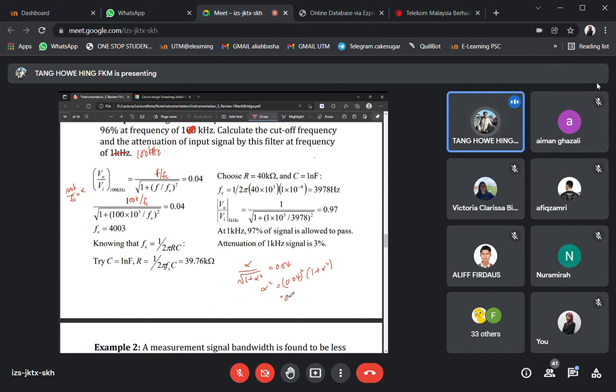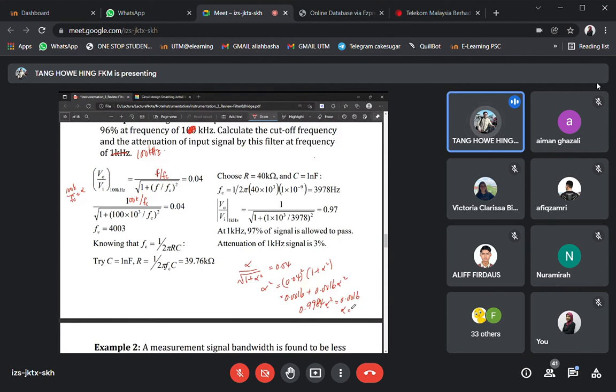So alpha square equals 0.0016 plus 0.0016 alpha square. Moving terms, 1 minus 0.0016, I get 0.9984 alpha square, and this equals 0.0016.